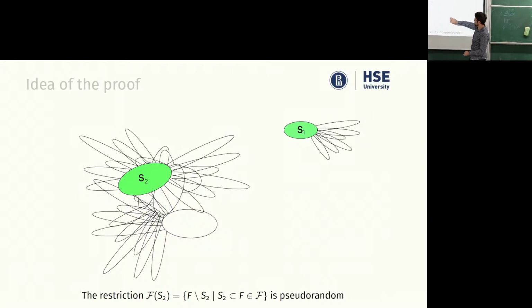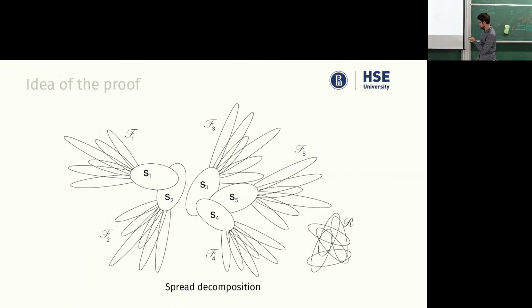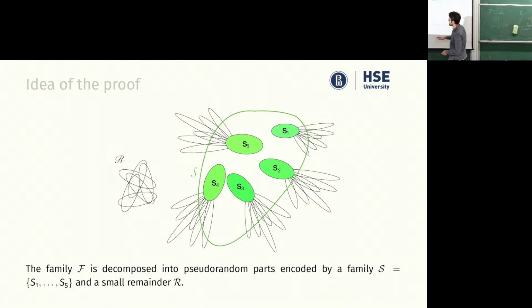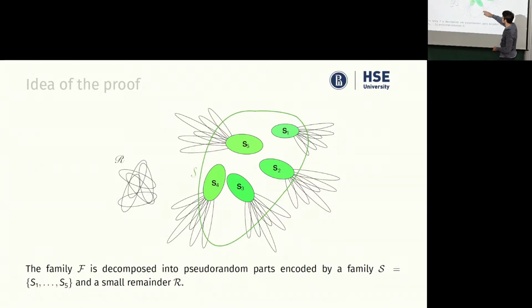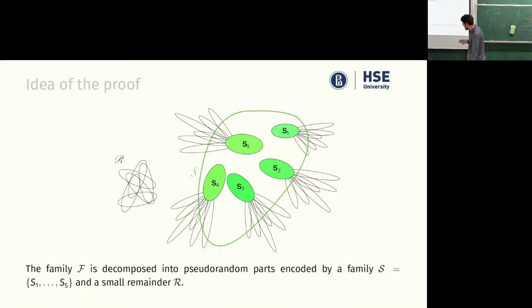Then you remove all sets containing S1, and find another pseudo-random restriction and proceed like this, and stop when you have a small remainder and a family of pseudo-random families encoded by some family, calligraphic S, of restrictions that you need to apply to obtain a pseudo-random family in your procedure.